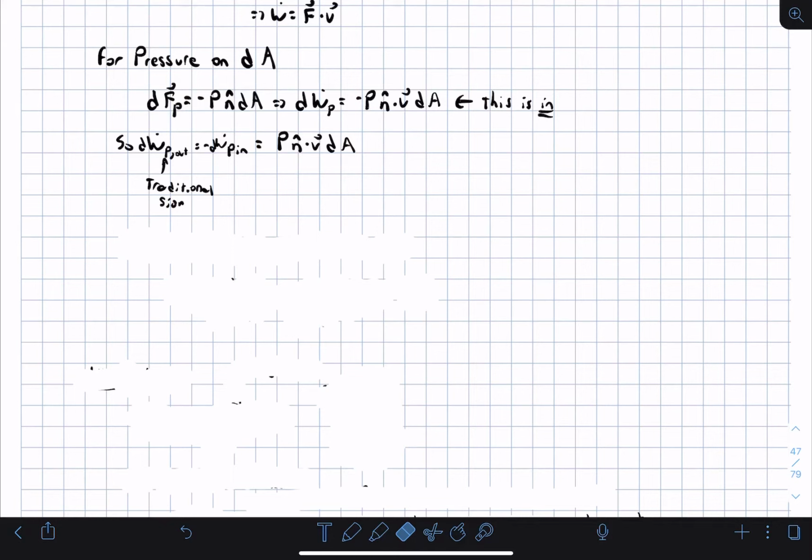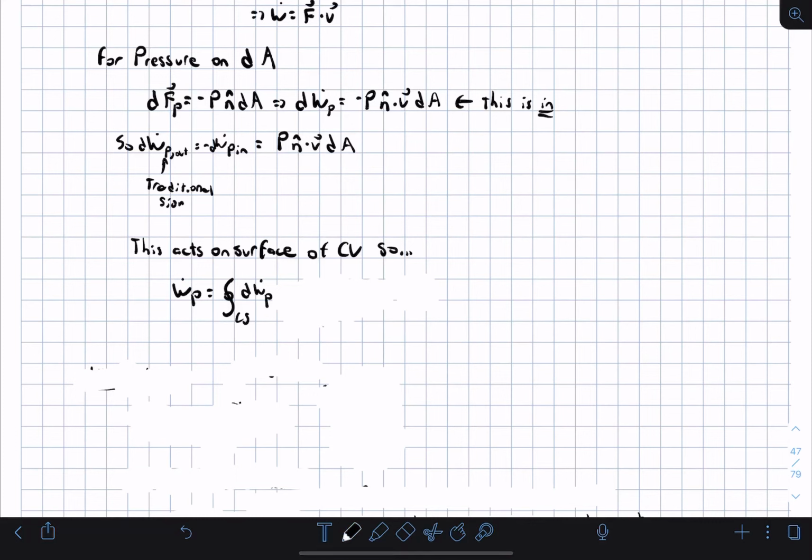So if you want the total amount of work due to pressure, you just have to integrate that over the control surface, not the area, of dW dot P. And that is in turn equal to the integral of p V dot n hat dA, and that is equal to the amount of work out of the control volume. And again, that's acting over the control surface.